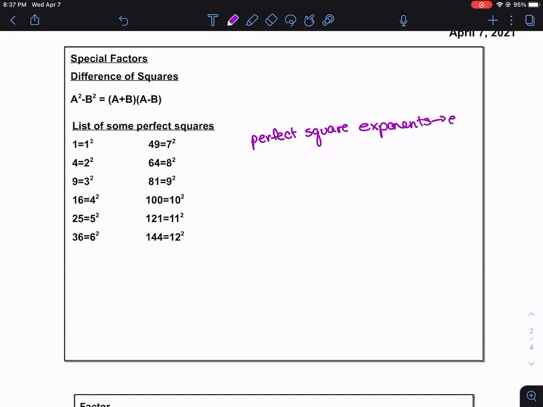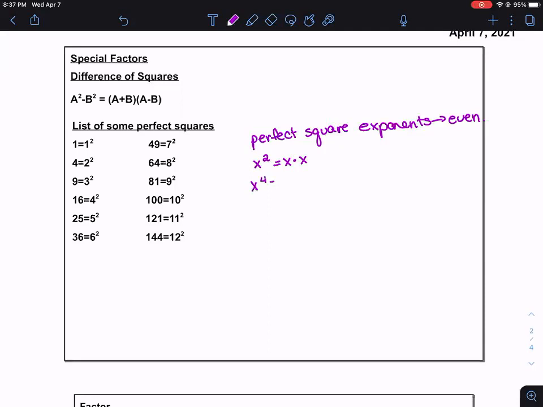For exponents, perfect square exponents will be even. Let me explain why. X squared is a perfect square because x times x gives me back x squared. It's the same value. When they are multiplied by each other, they give me back what I started with.